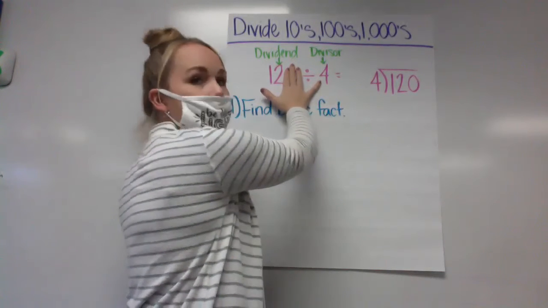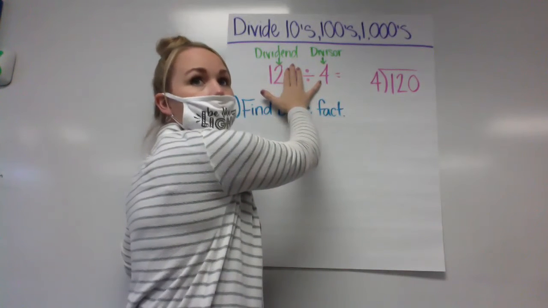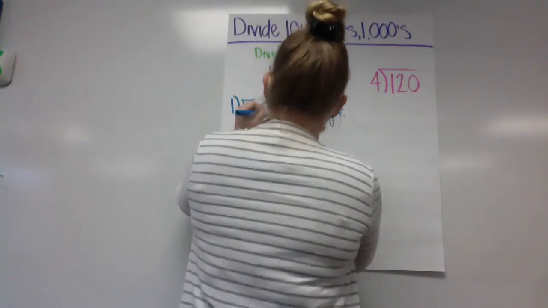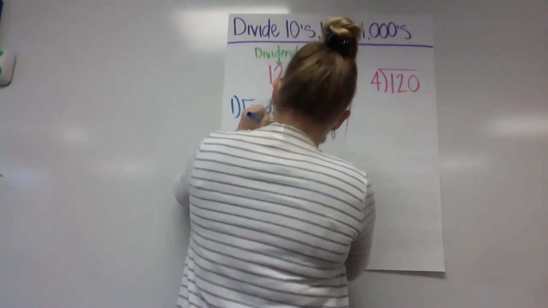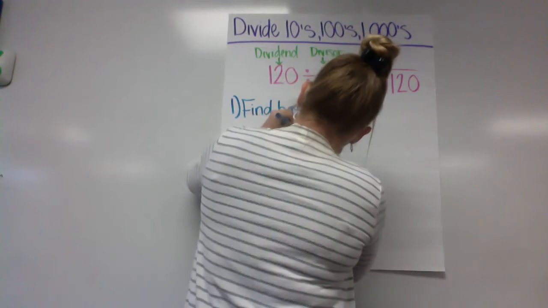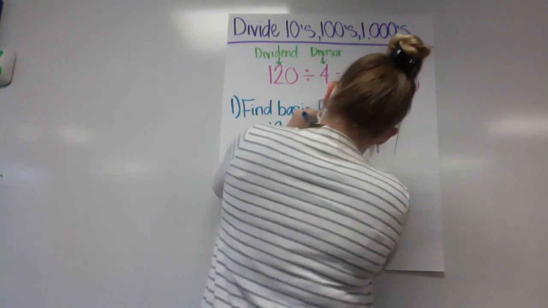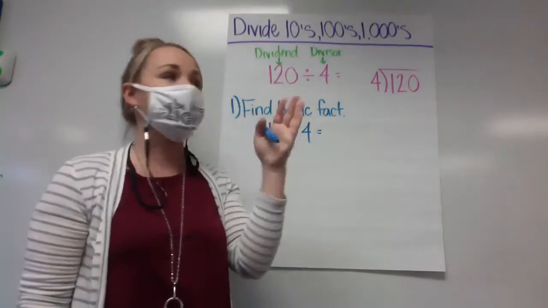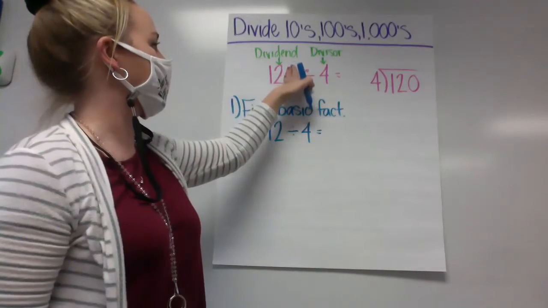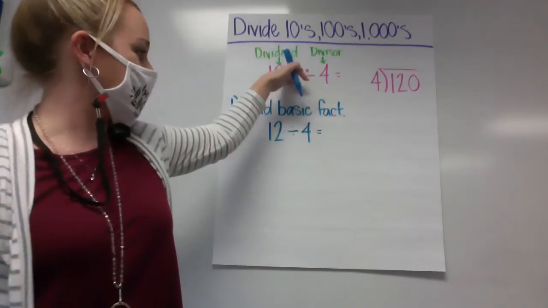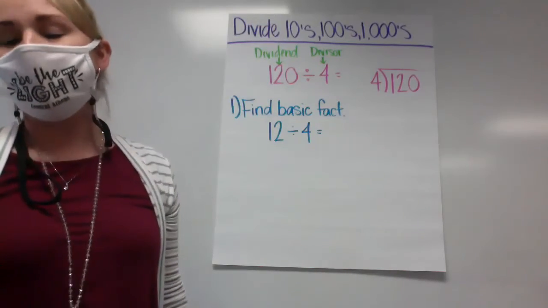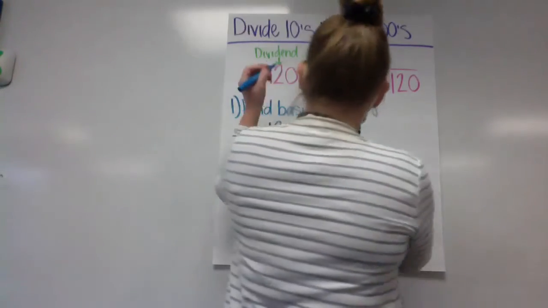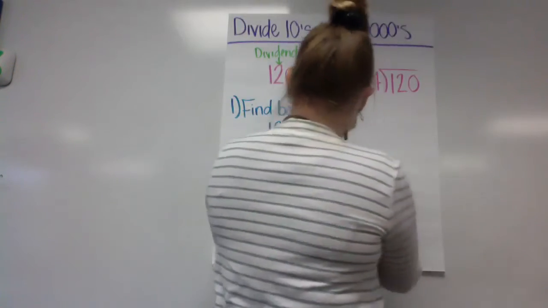So now what do I have? 12 divided by 4. That's my basic fact. So write 12 divided by 4. All that means is take that 0 off to see what you're working with. What's 12 divided by 4? It's 3, right? So 12 divided by 4 is 3. We can go ahead and write that. We already know that.